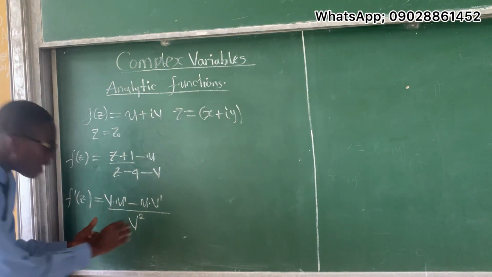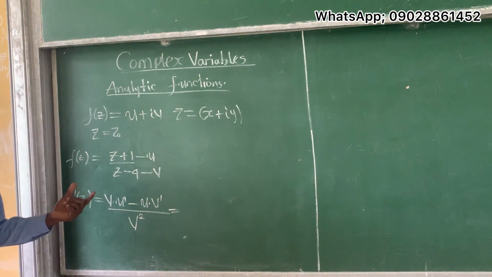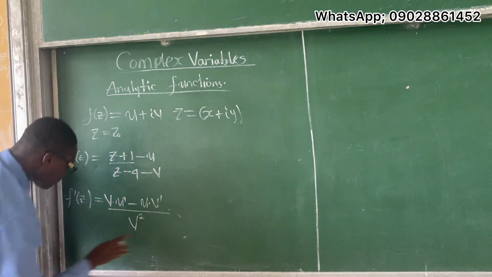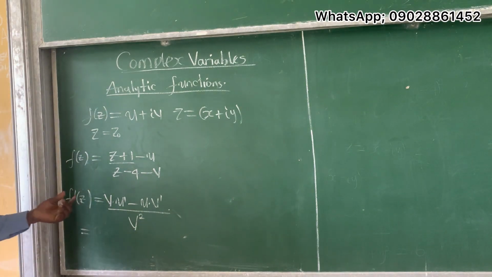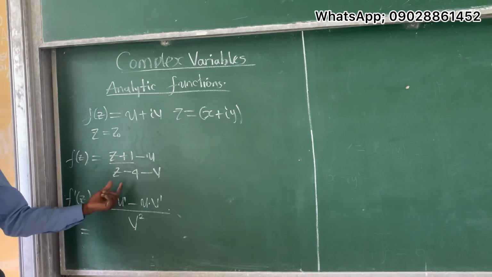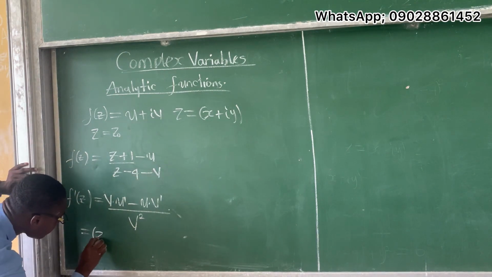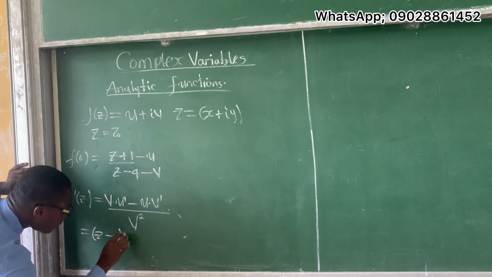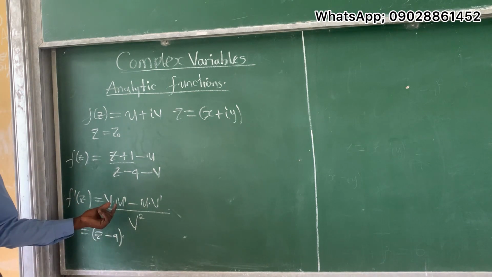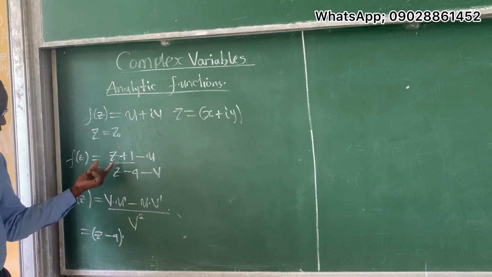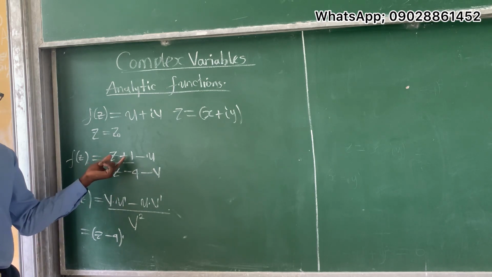So let's quickly apply this formula we have here. We are going to see that our v is z minus 4. So this means that we are going to have z minus 4 multiplied by the derivative of the top, which is the derivative of z plus 1.